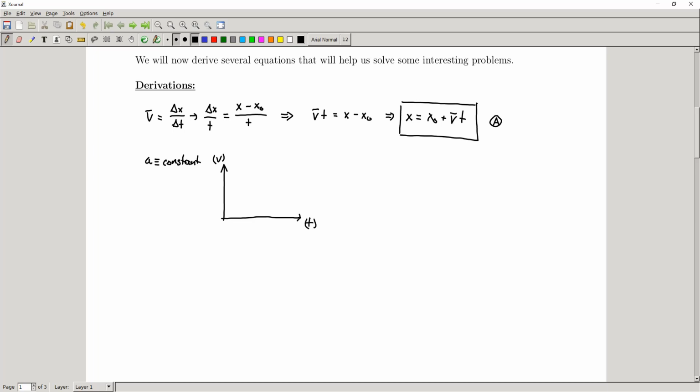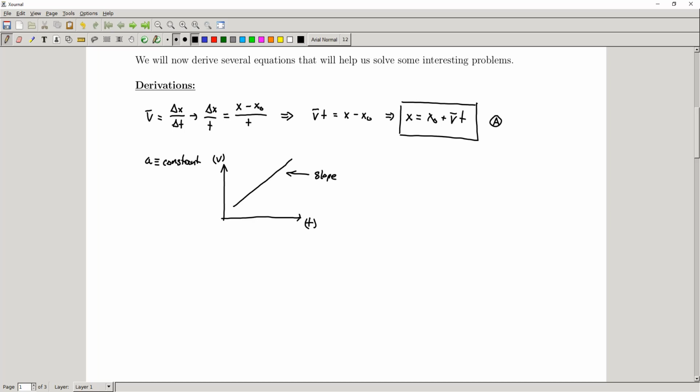This plot has to be a line. So imagine we had some velocity versus time plot like this. This would have some slope, and that slope would be equal to our acceleration, and our acceleration would have to be constant because this is linear.